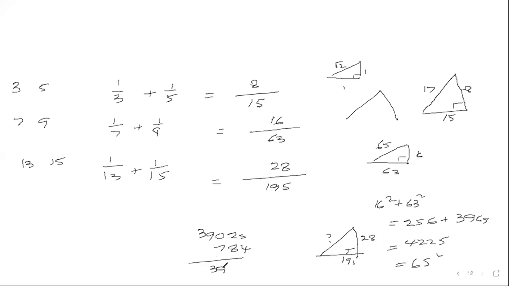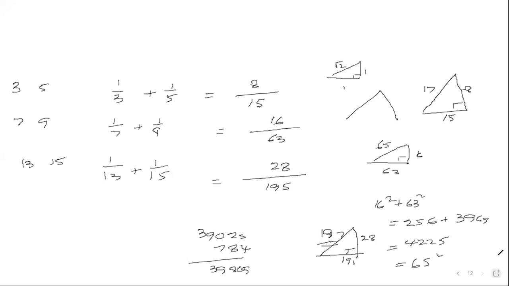So this is 38,809. So I suspect it's going to be 197. I can't be sure. Anyway, now they ask you to prove that this always happens. Prove that the hypotenuse is always an integer.